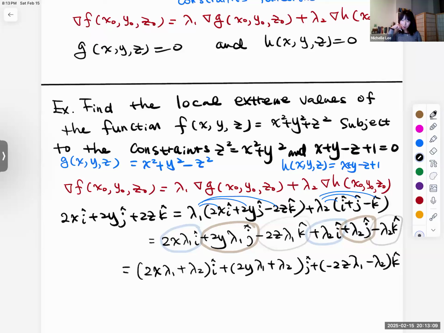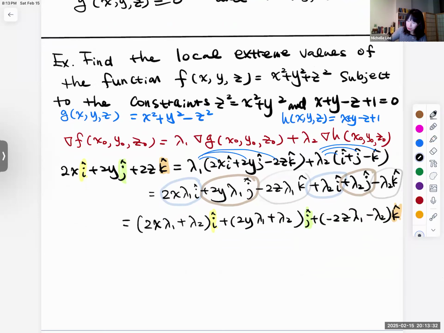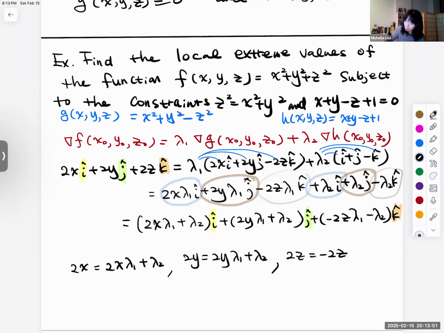We can match like earlier: i hat corresponding to i hat, j hat to j hat, k hat to k hat. So 2x equals 2x lambda 1 plus lambda 2, and 2y equals 2y lambda 1 plus lambda 2, and 2z equals negative 2z lambda 1 minus lambda 2, right?